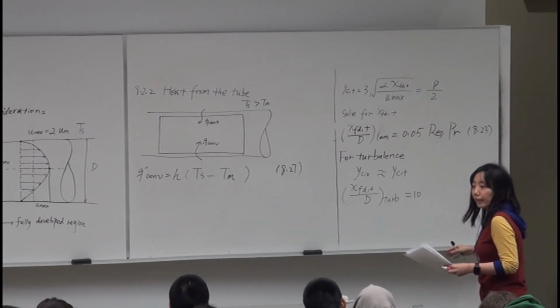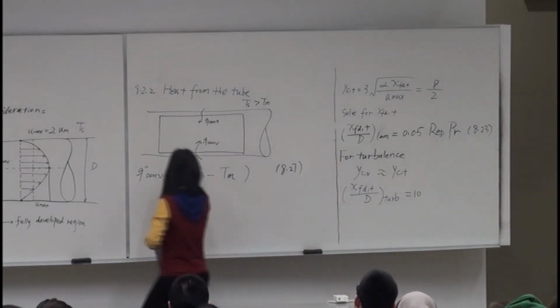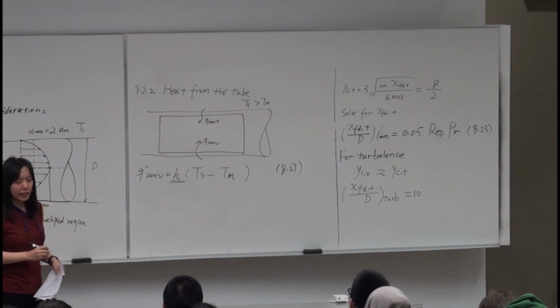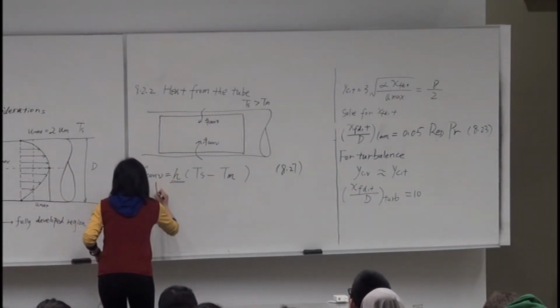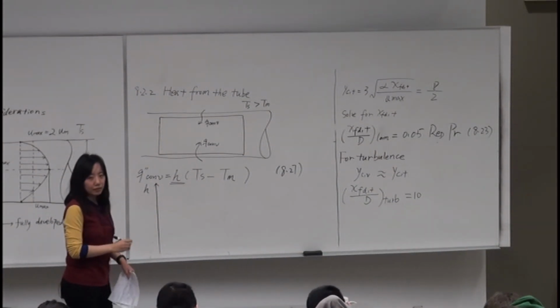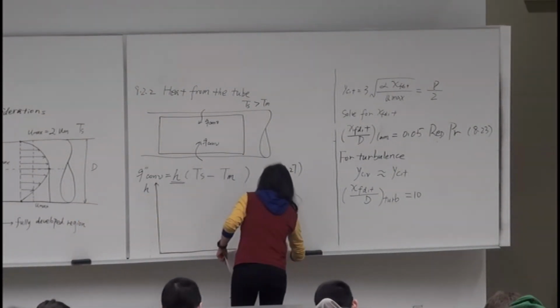We will go through that later, next class. But for now, how can we deal with this h? Qualitatively, how would it vary along the length of our tube?